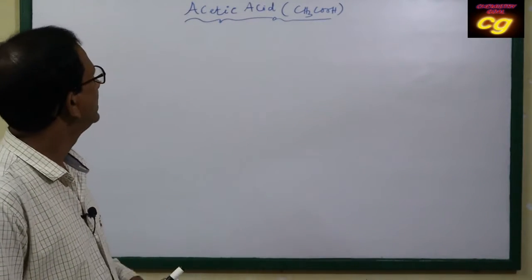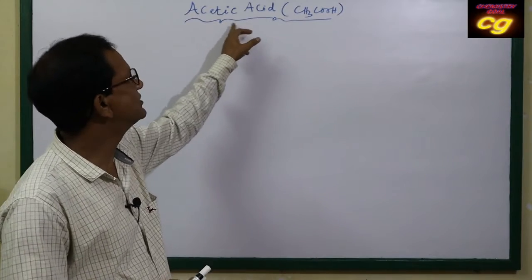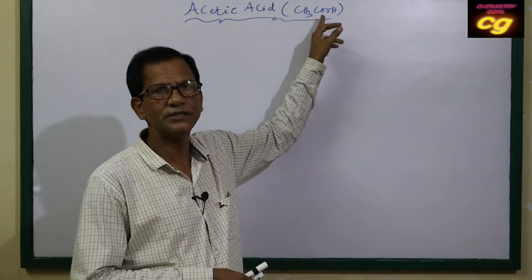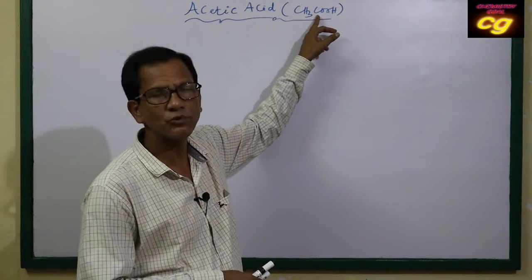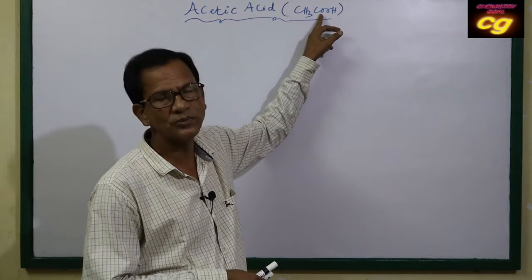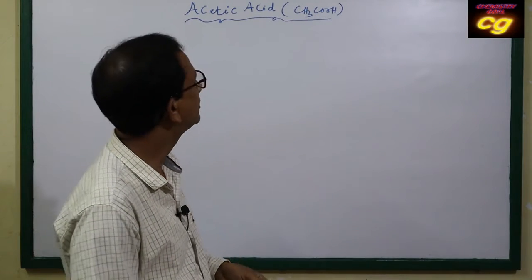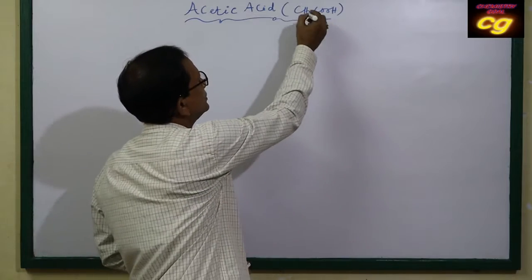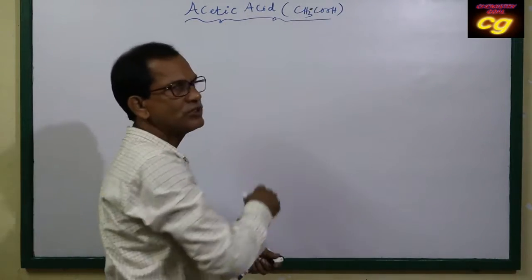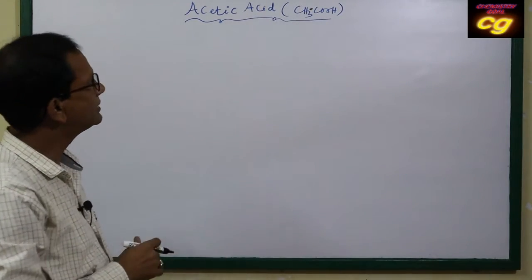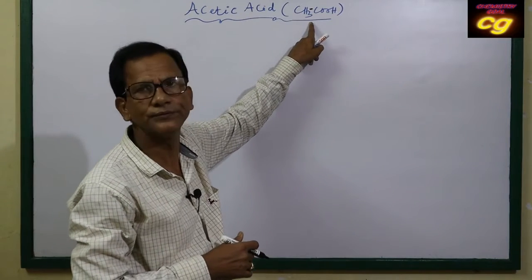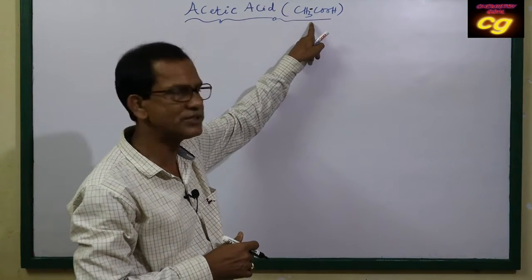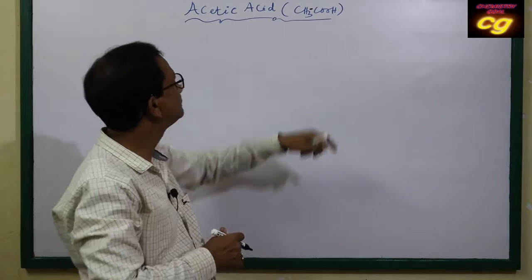We know acetic acid's general formula is CH3COOH, that is, it has one carboxyl group, COOH. This is the carboxylic acid group, and it is the second member of the carboxylic acids. They are organic acids.